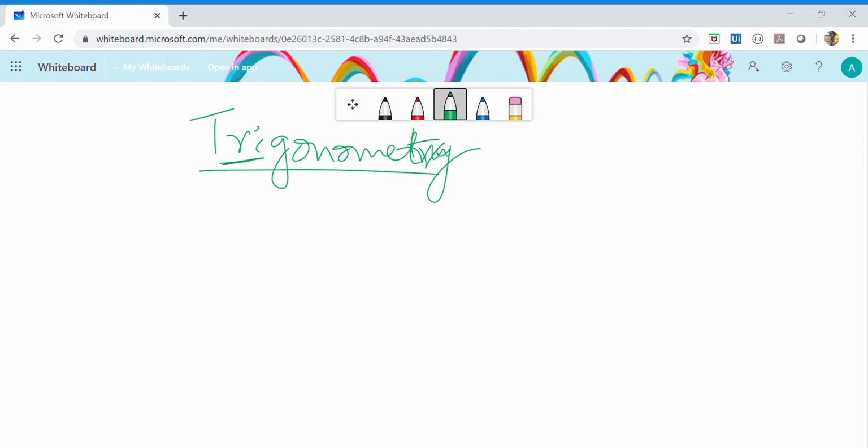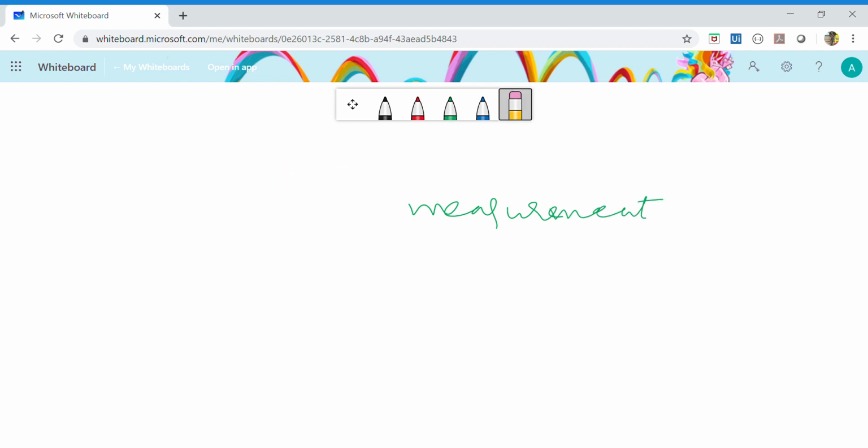Tri means 3, gonia means angle, metrion means measurement. Three angle measurement is called trigonometry. So this actually happens in triangles. So already we discussed that it is a branch of mathematics which deals with the application part of the triangles.